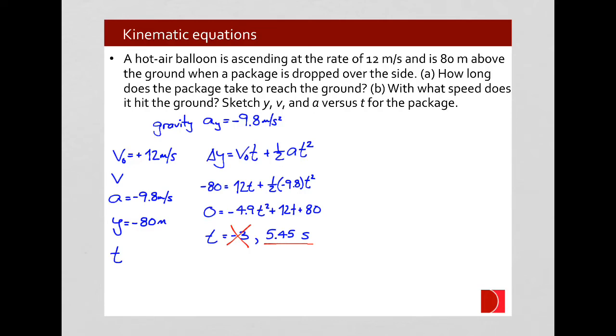When we're interested in the speed at which the box hits the ground, we now have 4 of the 5 kinematic equations because we found time, so we found the 4th one. So technically we could use any kinematic equation now to find the final velocity.